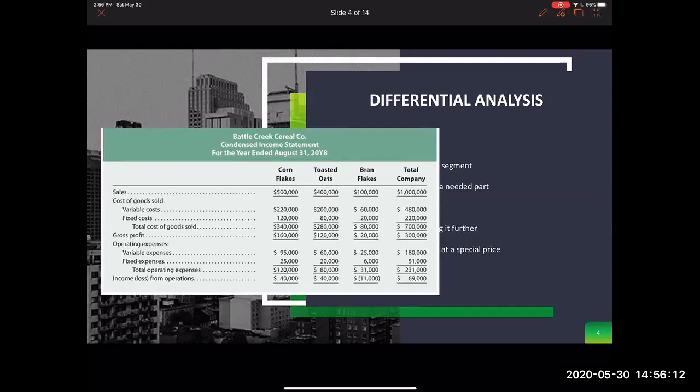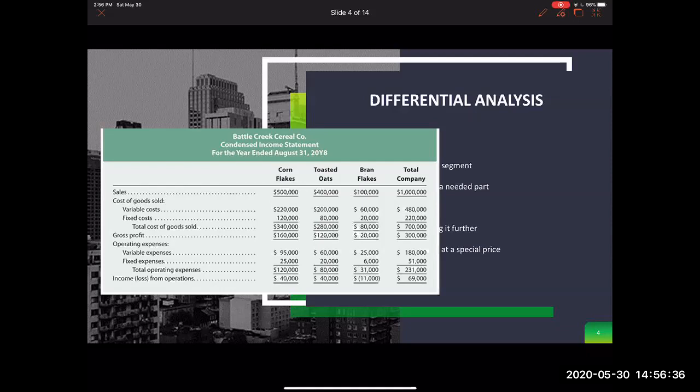So in our example here on the screen, we have this Bottle Creek cereal. You can think of them as a General Mills. Hopefully I don't get sued. But anyways, in our example, we have three different product lines: corn flakes, toasted oats, and bran flakes.